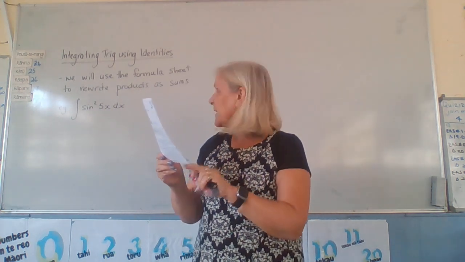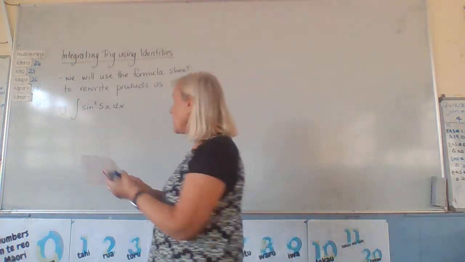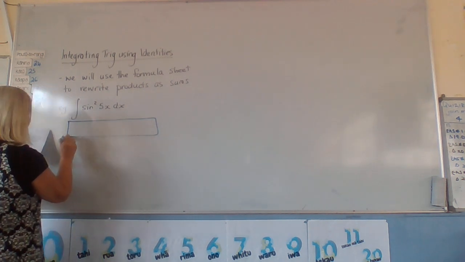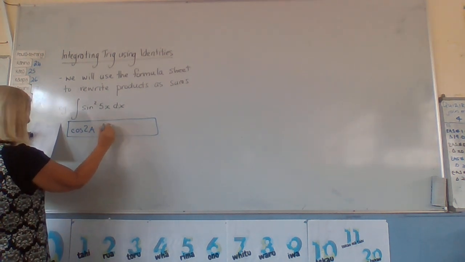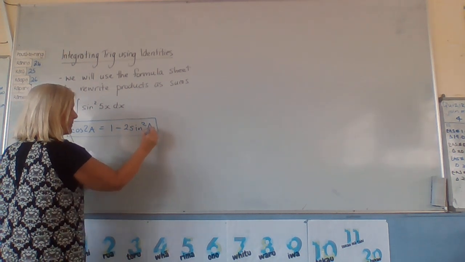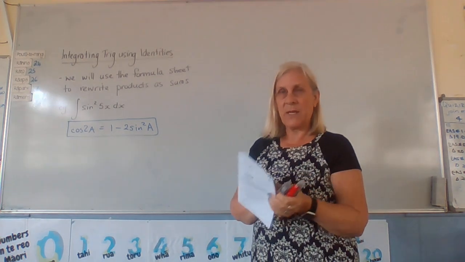We are specifically going to that 2 sine squared a there to use it. So the formula we are looking at here from the formula sheet is the one that says cosine of 2a equals 1 minus 2 sine squared a. All right, that is going to help us get rid of the squared.